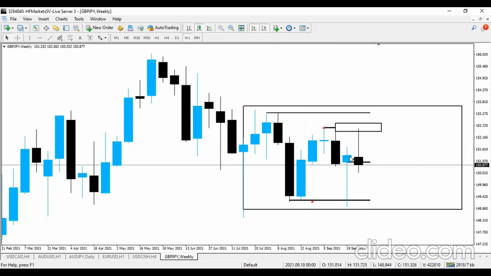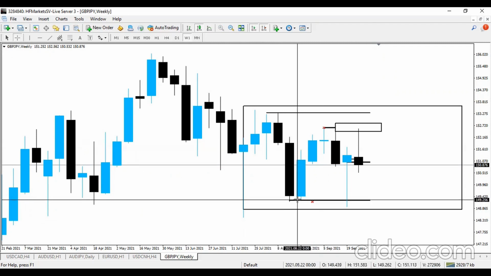They tapped out these double bottoms. Around those double bottoms, we have liquidity in the market. We have a lot of sellers or a lot of buyers putting their stop losses around this region. So the big money, the big banks, came back into this region because they know that this region right here is the highest form of liquidity.